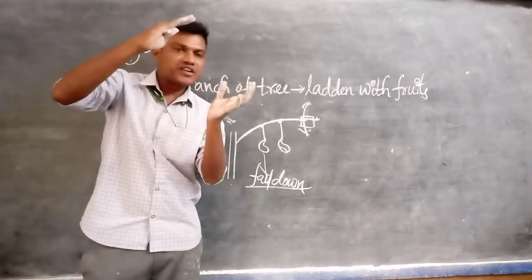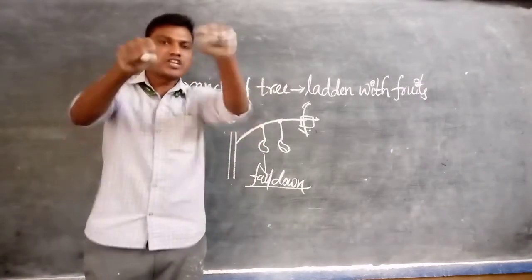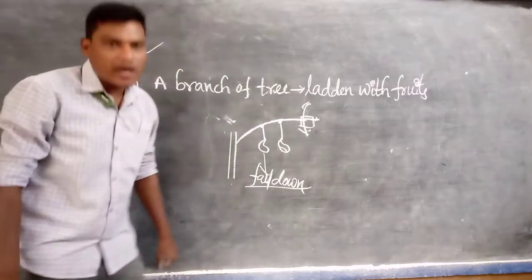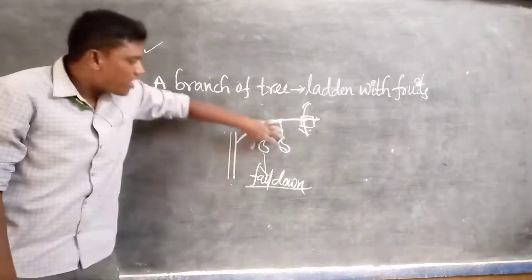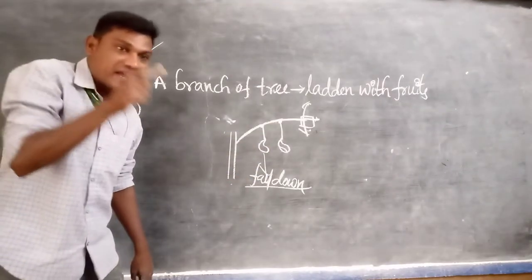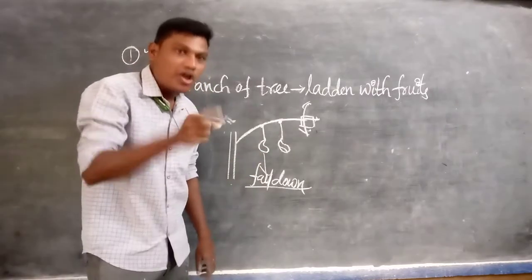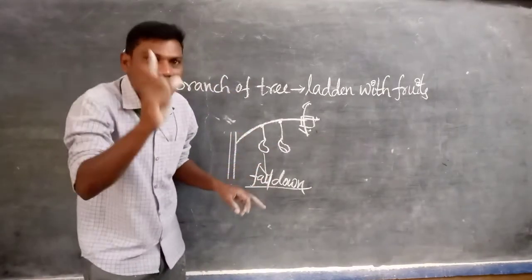A branch of a tree laden with a number of fruits is there. Due to the sudden shaking of the branch, most of the fruits fall down. So why do the fruits fall down? Are you applying any direct force on the fruits? No. You apply the direct force on which one? The branch of the tree only.